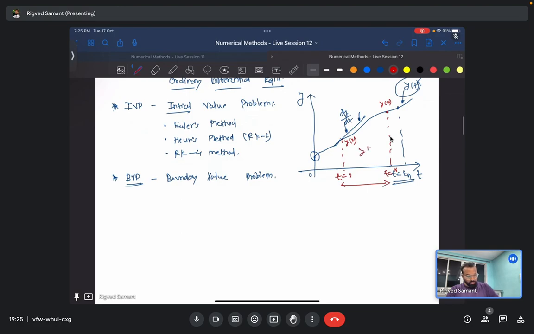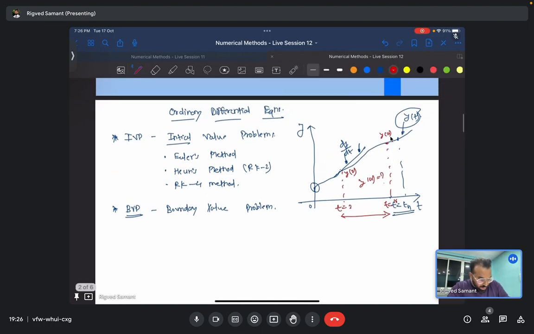Somewhere, y at 4 is equal to what? And I have only given you the differential equation, that is the slope. If it's a higher order equation, it won't be a slope, but I'm just saying slope because of this diagram. Using that, you are trying to find the value in between.